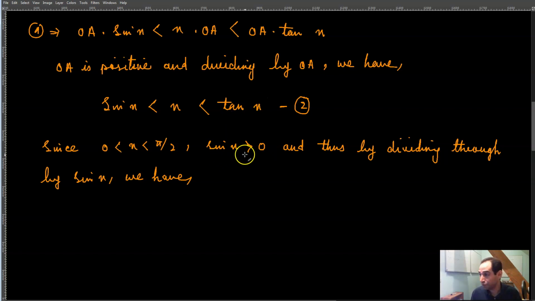So basically, if you divide by sine x, dividing 2 by sine x, sine x by sine x becomes 1, less than x divided by sine x, less than tan x divided by sine x.